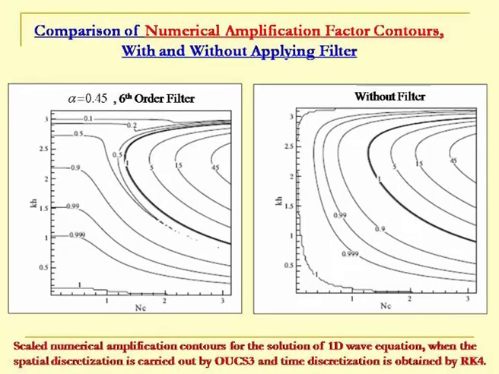Okay. So, if I look at the OECS3 RK4 scheme, on the right hand side you can see that the G contours are shown here in the kh-Nc plane, and you see only this region to the extreme left where you have neutral stability, right. Now, suppose I apply a 6th order filter with a value of alpha as 0.45, then these G contours actually change like this.